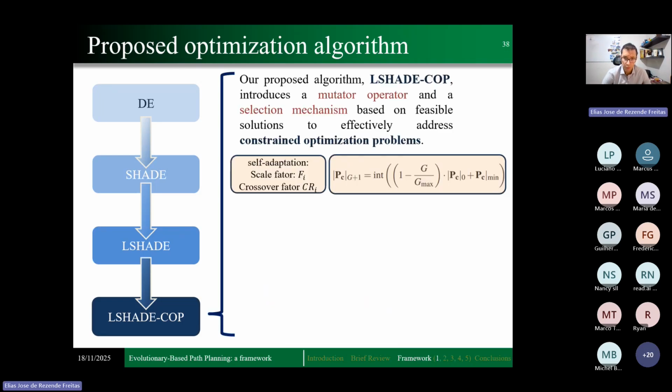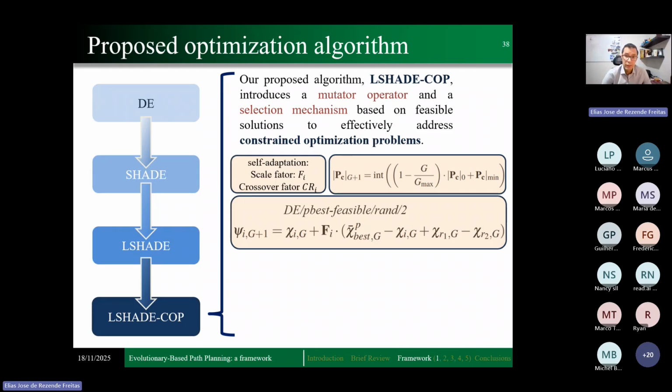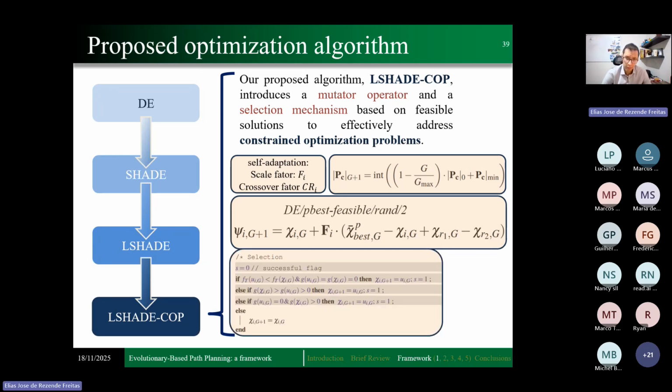The proposed mutation operator is named the best feasible, to take into account the best individual in the population, but first evaluating the feasibility criteria. And similarly, the selection also prioritizes the feasible solution.